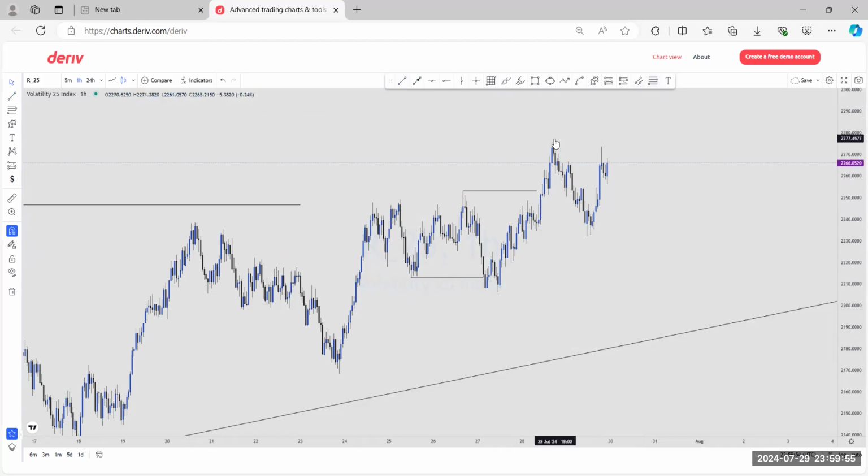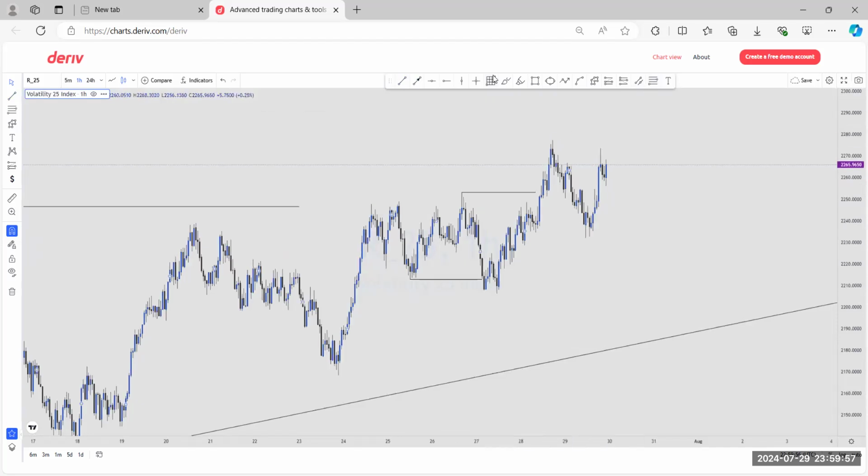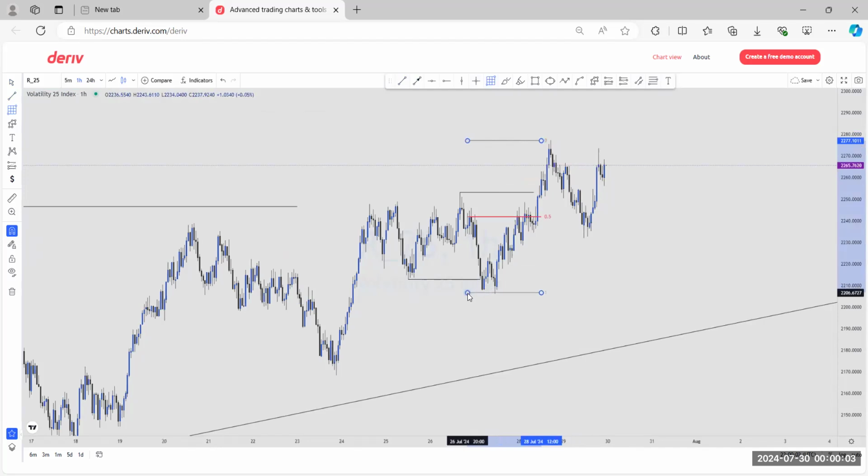Don't know whether it came into the 50% or it couldn't, but I'm not sure it did. Let me check, using my gun box from this high to this low that led to the breakout structure here.